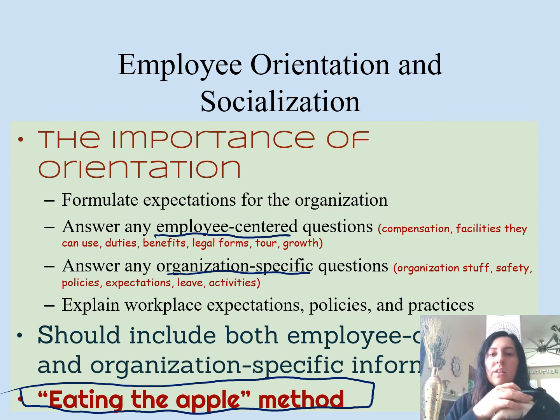This is where you talk to them about their duties, their benefits package, and any kind of legal stuff. For HR, this is where you would give them the full tour of the whole place. This is where you talk about their growth in the company.